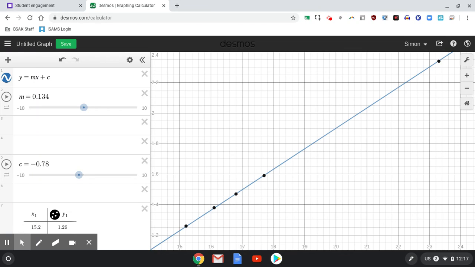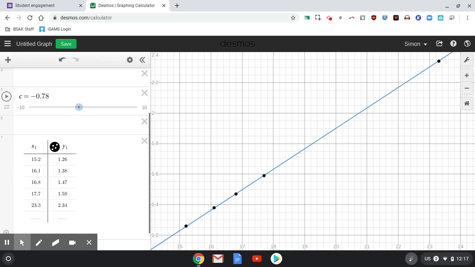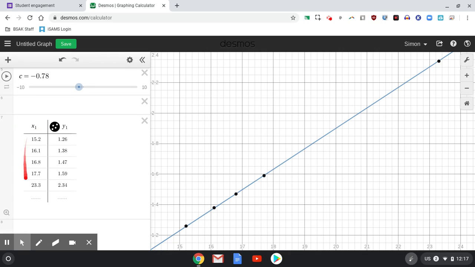Now don't forget that that is not the gradient of our graph, because remember these values here, the x values, this is 15.2 times 10 to the 5 meters to the minus 1, isn't it?